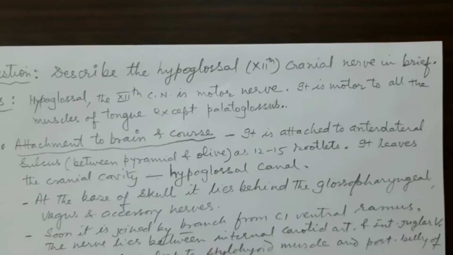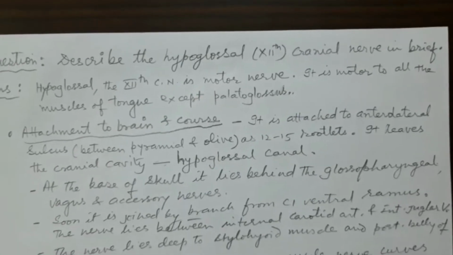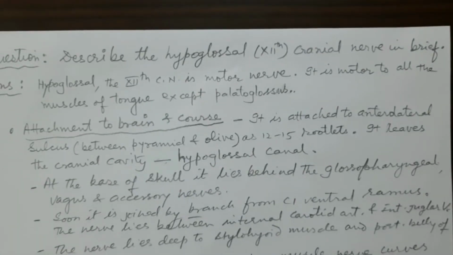So that insertion is not into bone; it is always muscular, whether it is an extrinsic or an intrinsic muscle. After this brief introduction of the hypoglossal nerve, let us come to the first point, its attachment to the brain and its course.